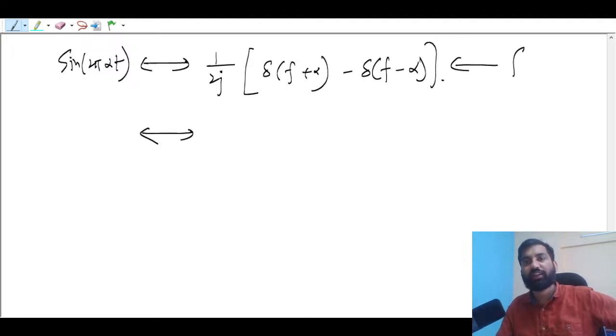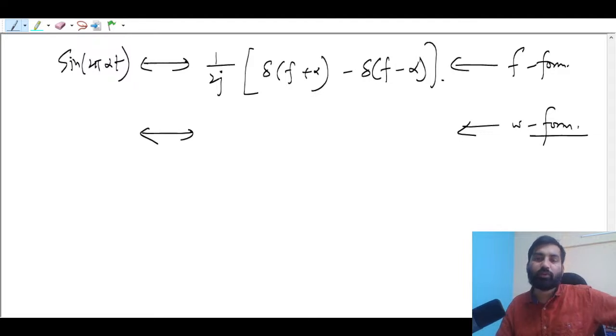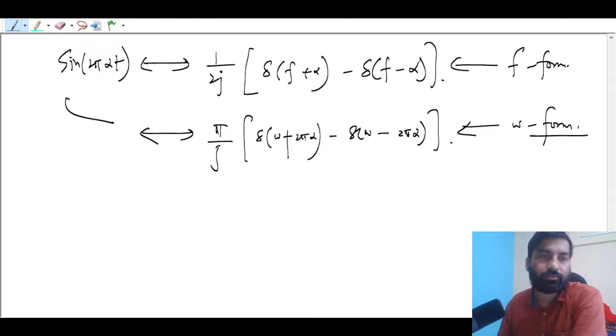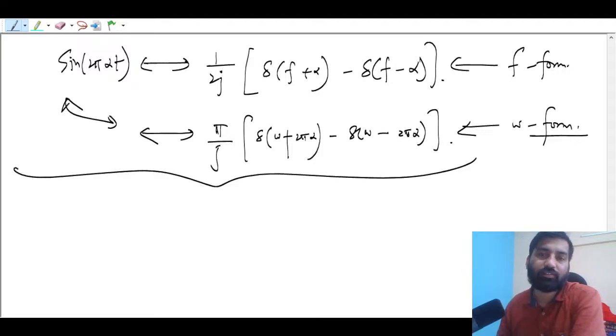In omega form कैसे लिखेंगे? Just multiply by 2 pi, so it is nothing but pi upon j [delta(omega plus 2 pi alpha) minus delta(omega minus 2 pi alpha)]. So this is in omega form. I hope this makes sense, so the confusion between the f form and the omega form should not be there.